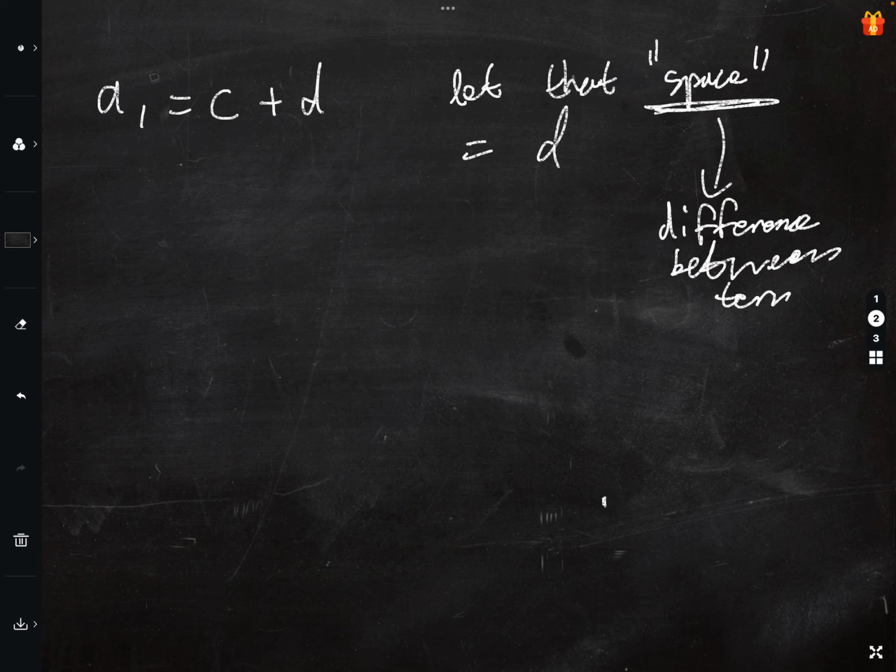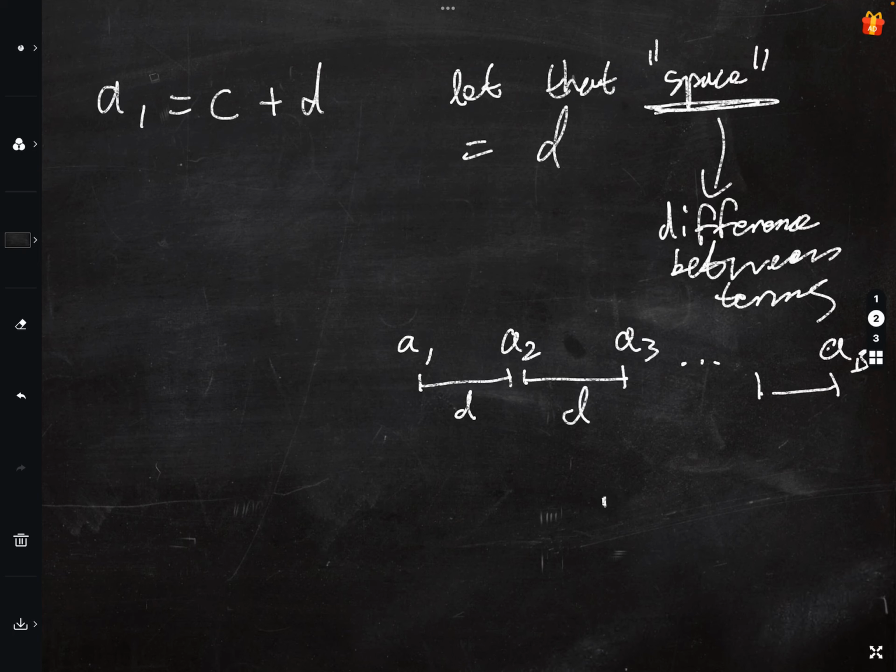Because if we try to visualize this, we will have a1, and then there is a distance, we let that equal d. a2, there is another distance, we let that equal d. a3, and so on, and a15, and then there's also this distance d between it and a14, and so on and so forth.